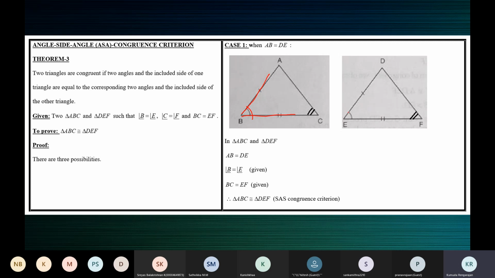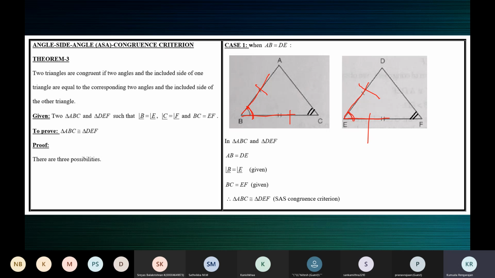And for angle E, the arms are ED and EF. It's given that BC is equal to EF, and angle B is equal to angle E. So to use SAS, we need to check AB and DE.